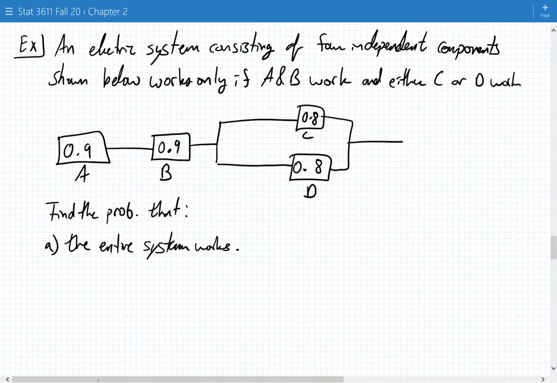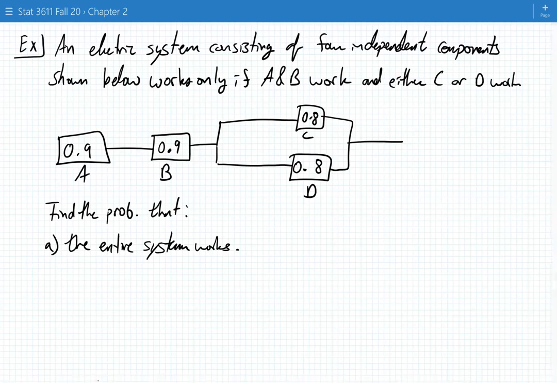Probability the entire system works. Okay, well, let's write this out in our set notation, what probability we're looking for. We need A and B to work. So we need A to work and B to work. That's an intersection. And either C or D will work, grouping those in parentheses. So this is A intersect B intersect either C or D.